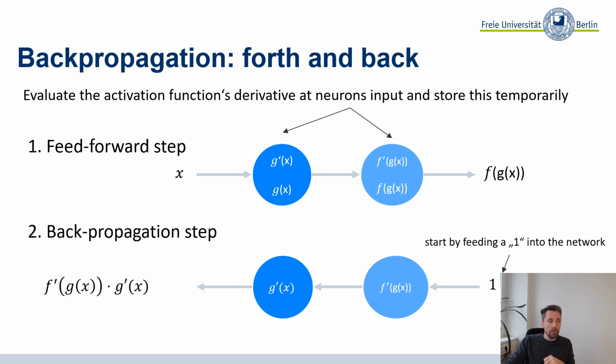And then we get exactly what we were supposed to get, f prime of g of x times g prime of x. We start this backpropagation step by feeding in a 1, because that's what we do to not lose or alter our values here.